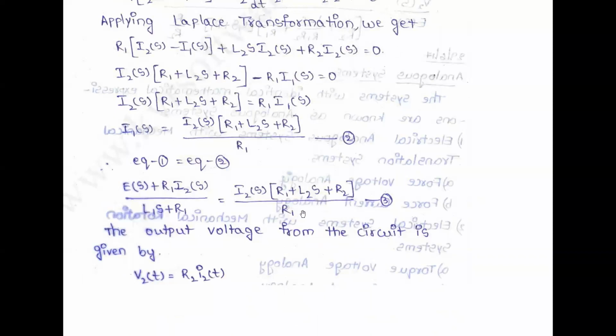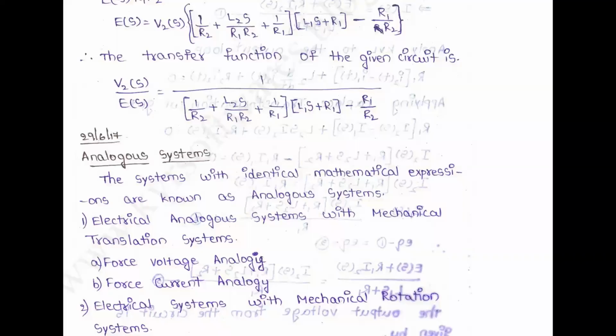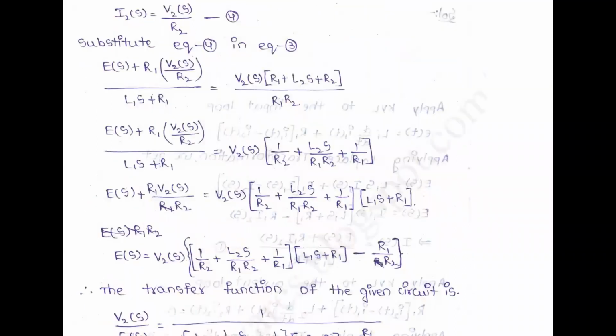I1 of s is equal to the same equation 1 and same equation 2, I2 of s into R1 plus L2s plus R2 by R1. Equating 1 and 2. And the last one, the output voltage across the circuit, V2 of t is equal to R2 into I2 of t.